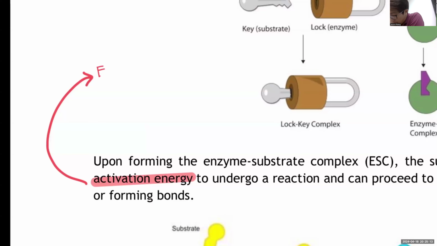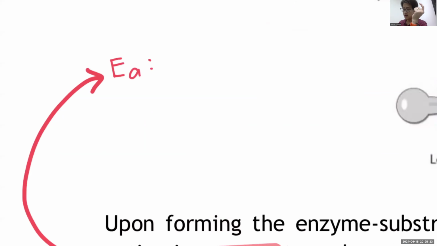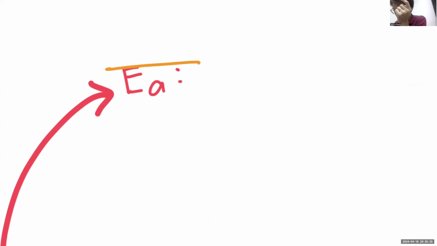Let's write this down. Activation energy, sometimes referred to in this symbol, uppercase E. The A is different, can you see? It's a subscript, not a small a in the middle; it's at the bottom right.